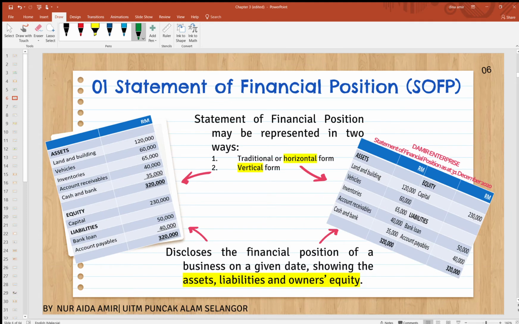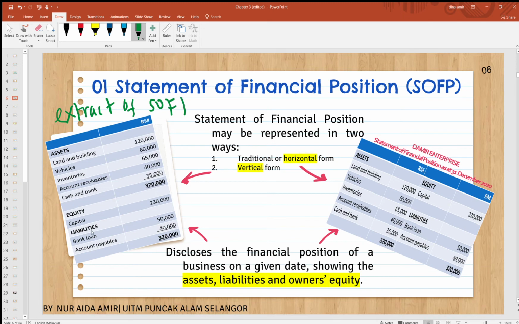Okay, statement of financial position. These are the images that I have posted here. This is an extract of Softpi.